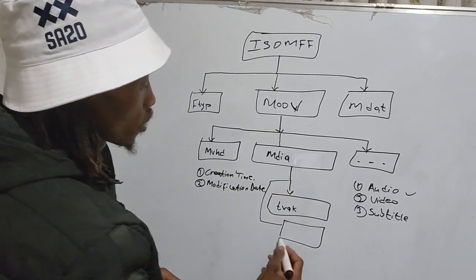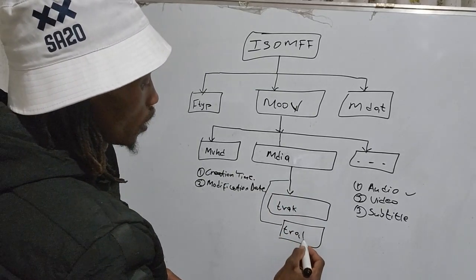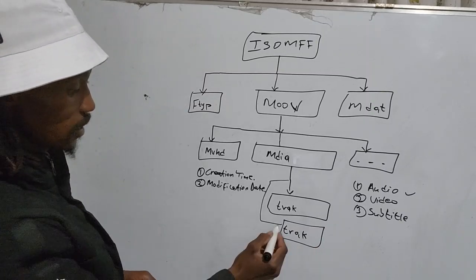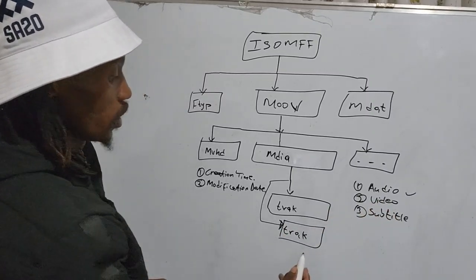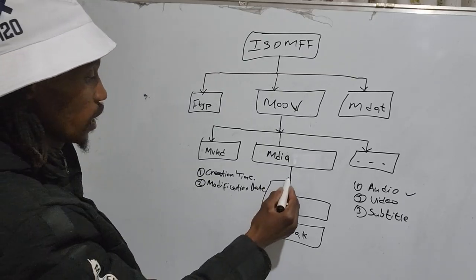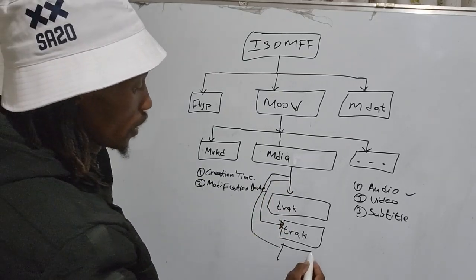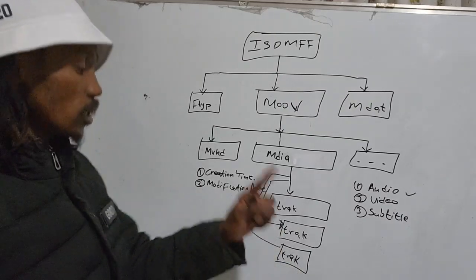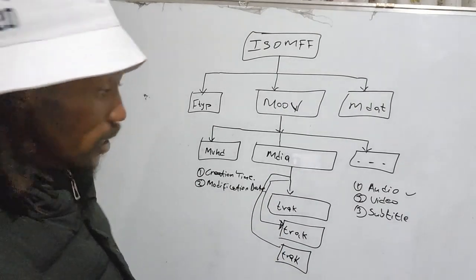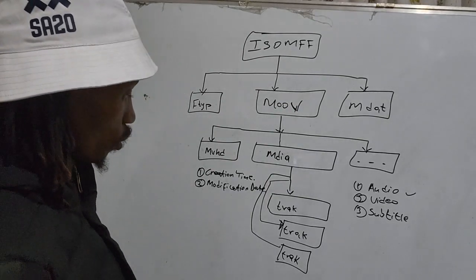If you have 2 tracks, you're going to have 2 track objects inside the media object, and one would be an audio and the other would be a video. If there are subtitles, you may have 3 tracks. The other object will represent the subtitle. Does that make sense? Cool.